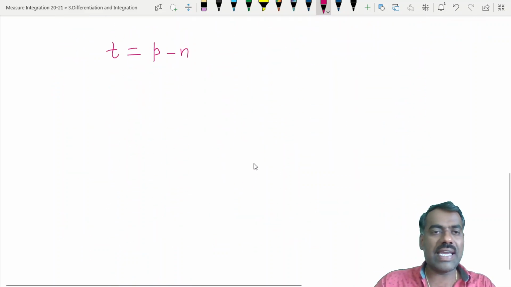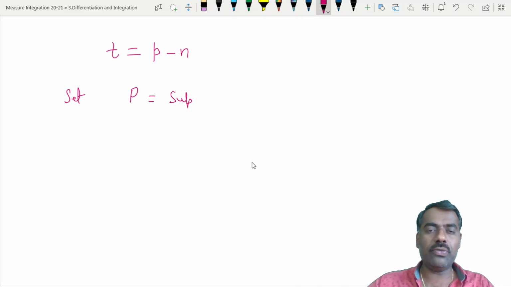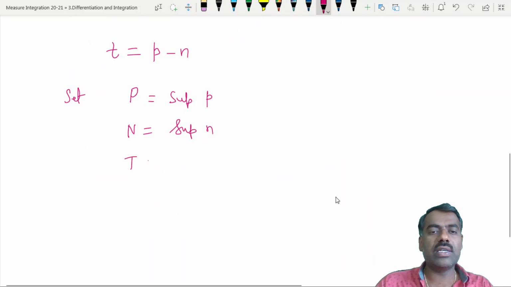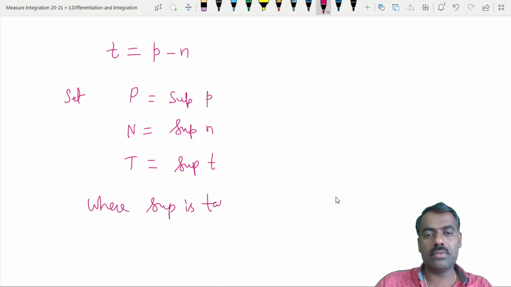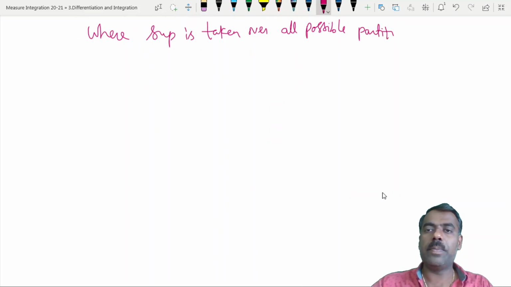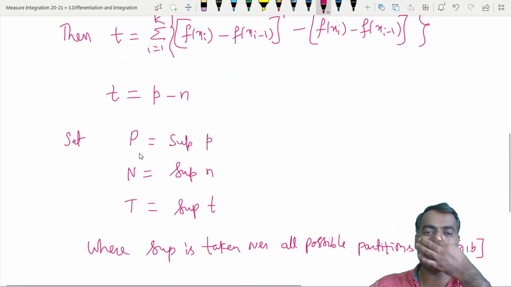So we'll set three values: capital P, which is the supremum of small p, capital N, which is the supremum of all the small n values, and capital T, which is the supremum of small t, where the supremum is taken over all possible partitions of a comma b, right? So you will get these three values.